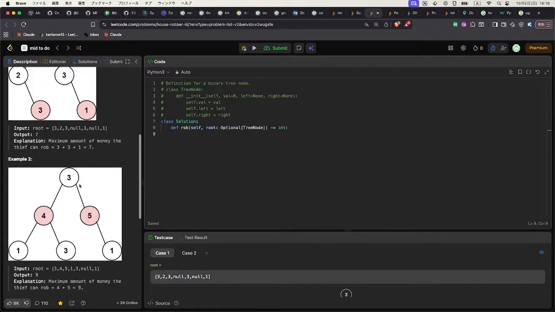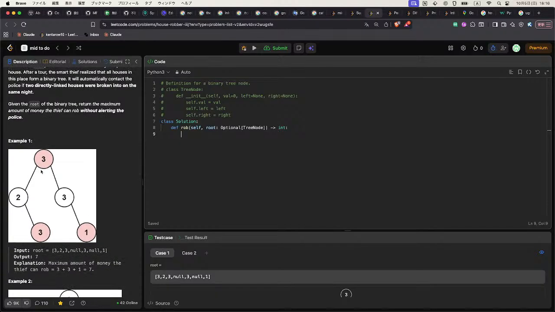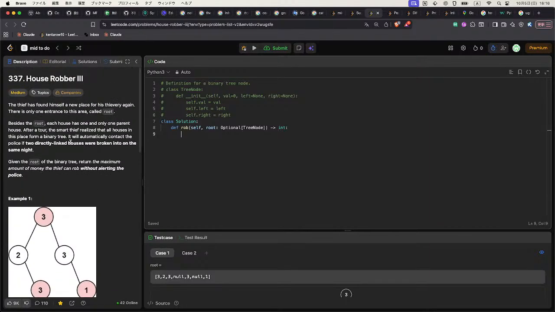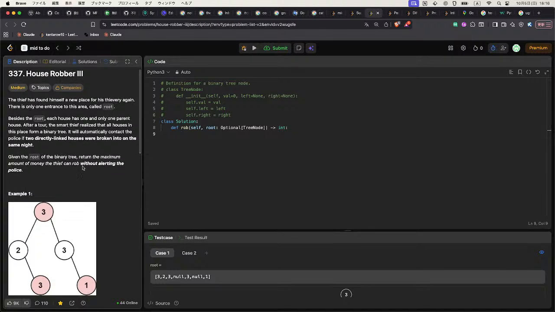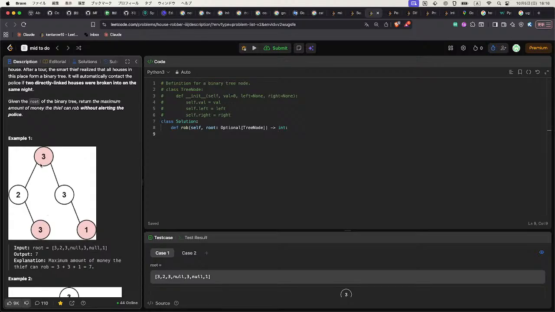It seems dependent because the subproblem is like what is the maximum amount of money visiting these trees.